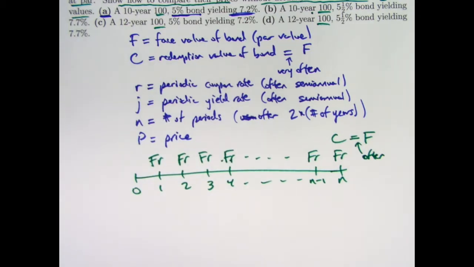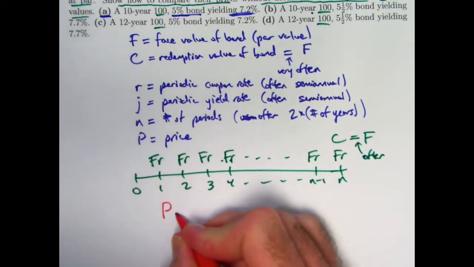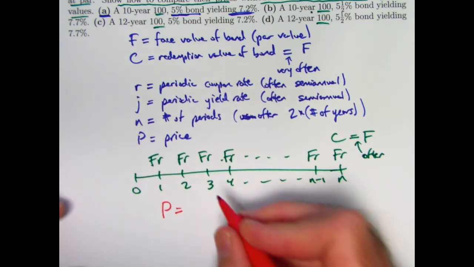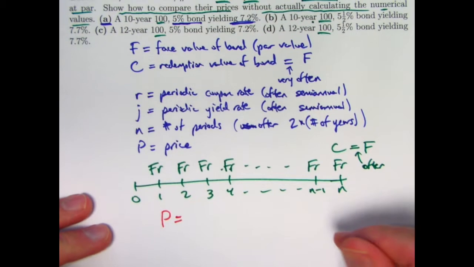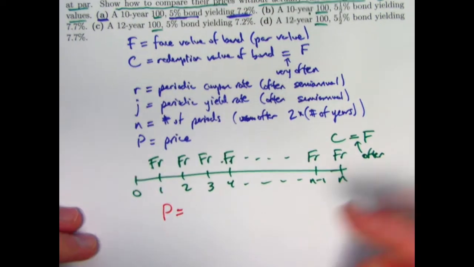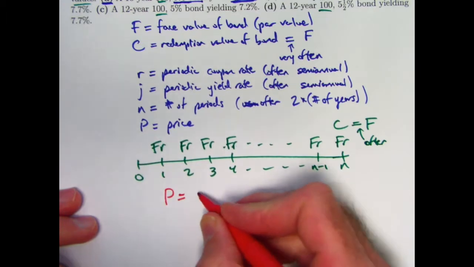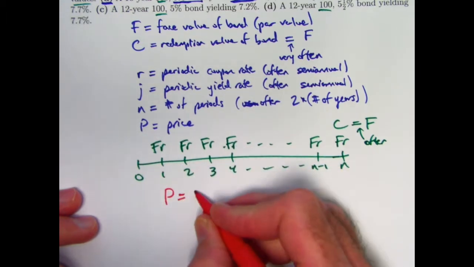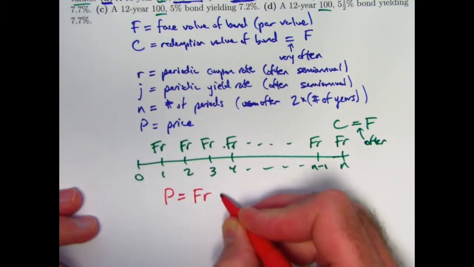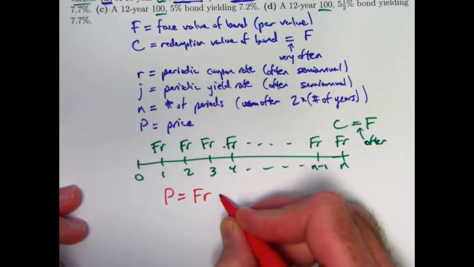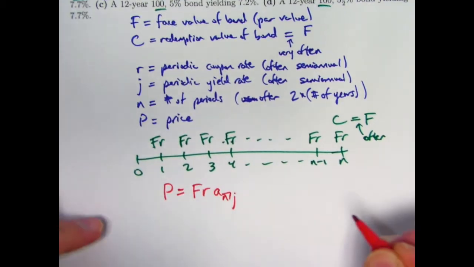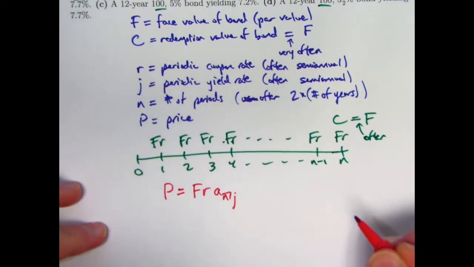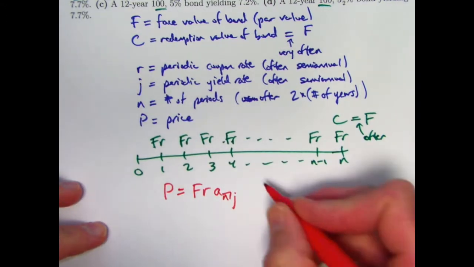And I hope it would make sense to you that the price you have to pay at time 0 is going to be the present value of all these payments, with some interest rate. That's going to be J, the periodic yield rate. All right, so if I think of it that way, I've got n payments of F times R. The present value of that payment stream is F times R times a angle n at interest rate J, being again the periodic interest rate, which is often semi-annual.